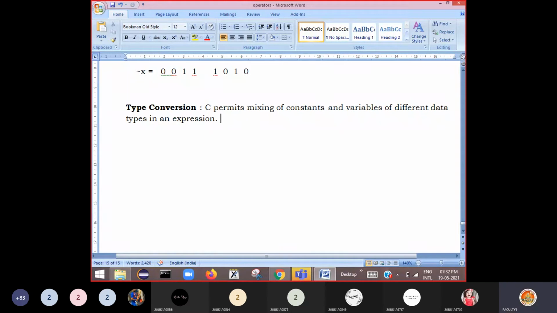In such an expression, the operand of one data type is converted to another data type.